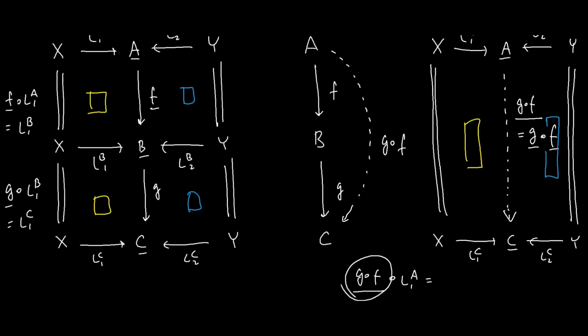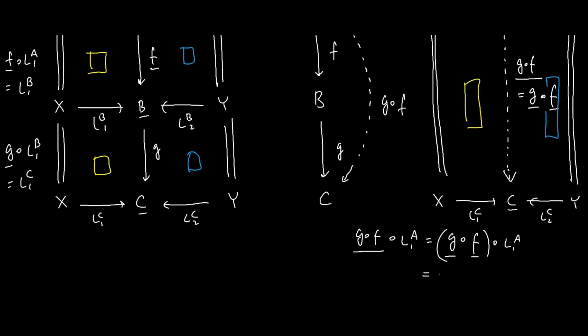First, I expand this as it was defined: G lower bar, F lower bar, composed with iota 1A. Then I use associativity of composition.